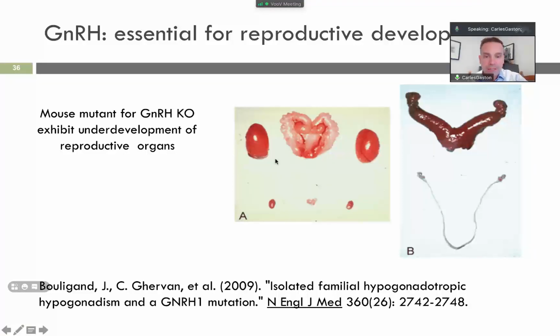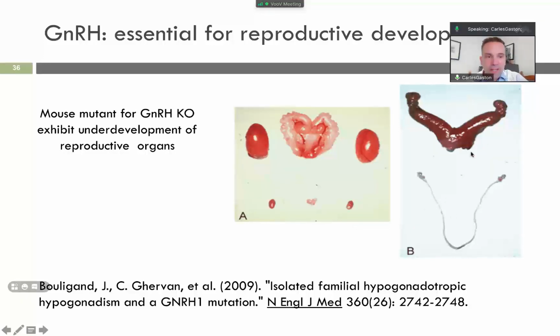You can see here the testes of a normal mouse, and here the uterus with the ovaries, and this is the knockout of gonadotrophin releasing hormone. You can see severe hypoplasia of the reproductive organs.